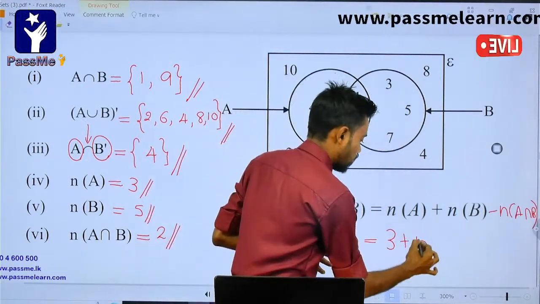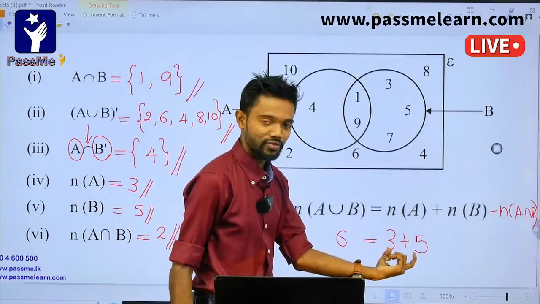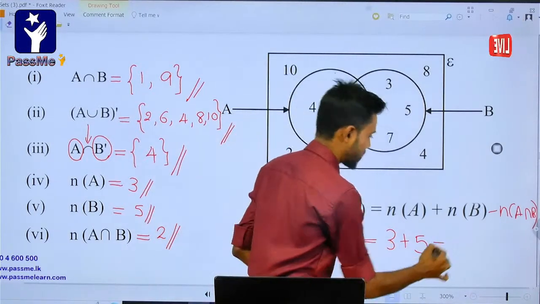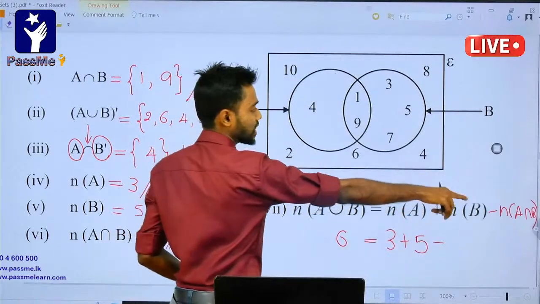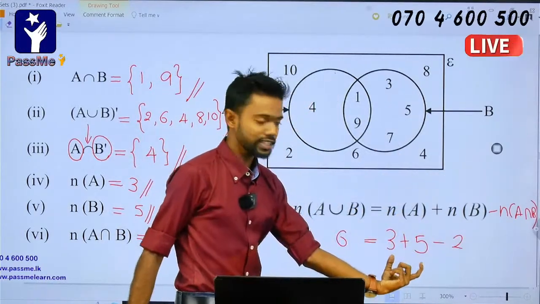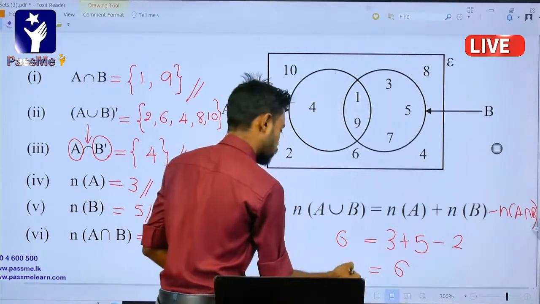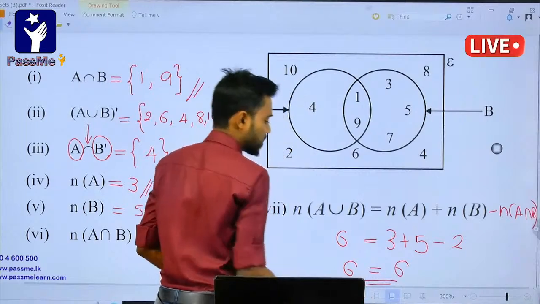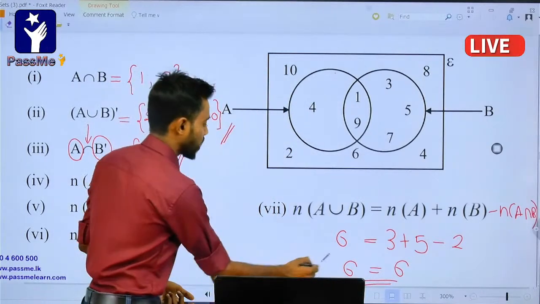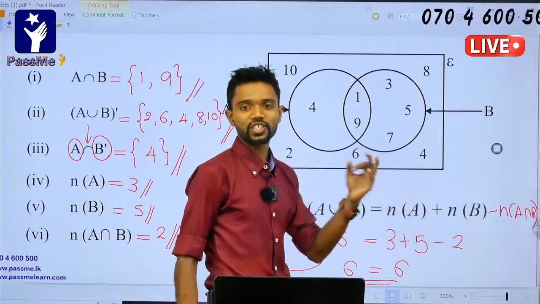Now, 3 plus 5 means 8, minus n(A intersect B), that is 2. Can you calculate the right side? 8 minus 2 again should be 6. Here also 6. So now you can see 6 is equal to 6. That means you can clearly say that this equation is valid.